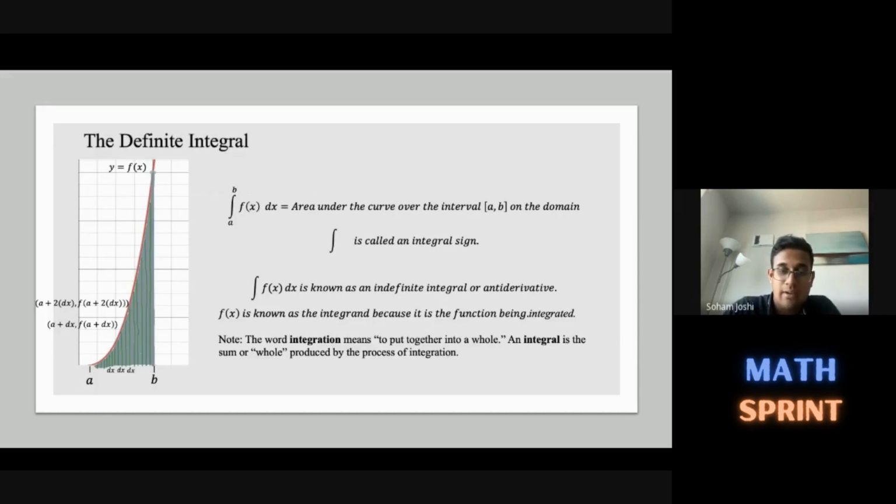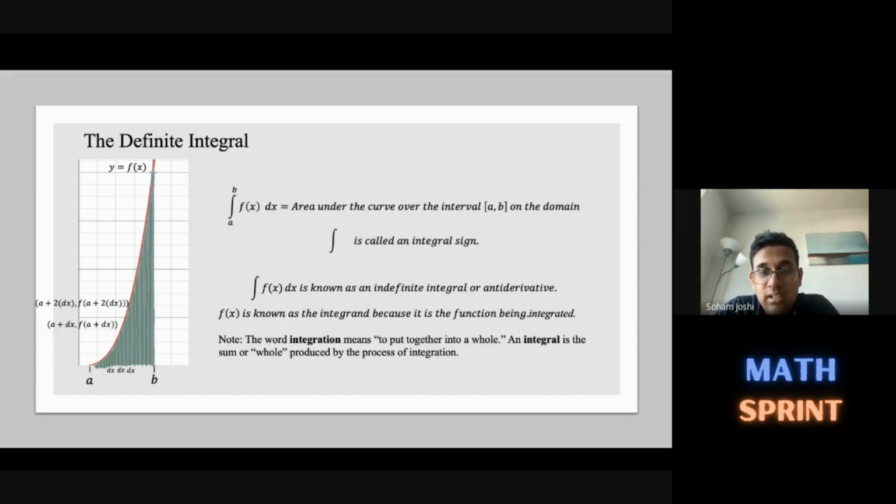Okay, so now the definite integral, the definition. The symbol that looks like a narrow S is called the integral sign. We use it to denote an integral. So the integral of f of x dx over the domain a, b is the integral of f of x with respect to x over the interval a, b on the domain.